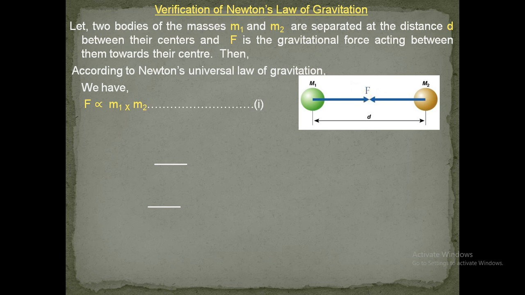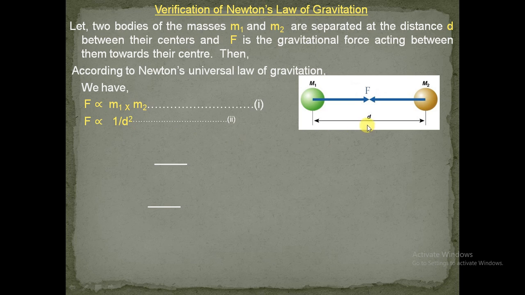It means that more gravitational force exists between larger bodies and less gravitational force exists between smaller bodies. Like that, gravitational force is also inversely proportional to square of distance between their centers.